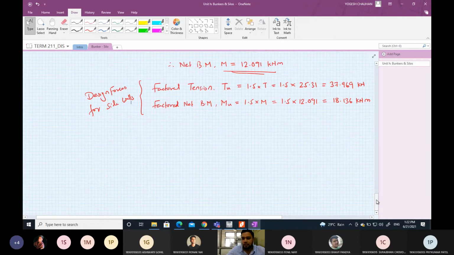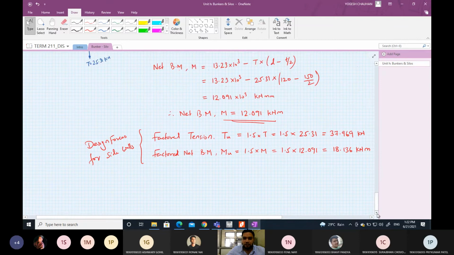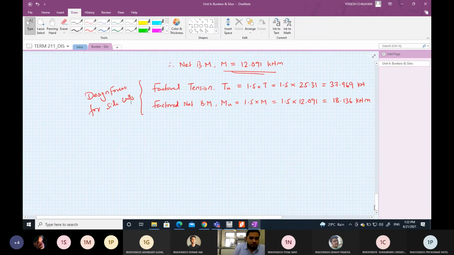First we have to check the depth required for resisting the flexure of 18.136 kilonewton meter. So let us find the depth required to resist bending moment.